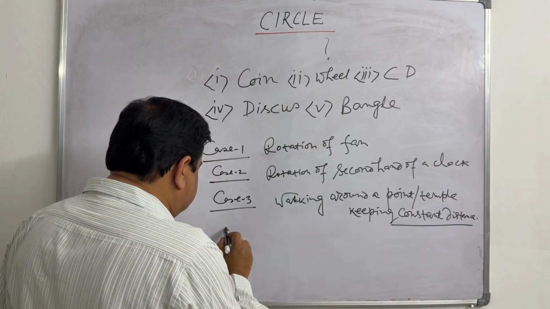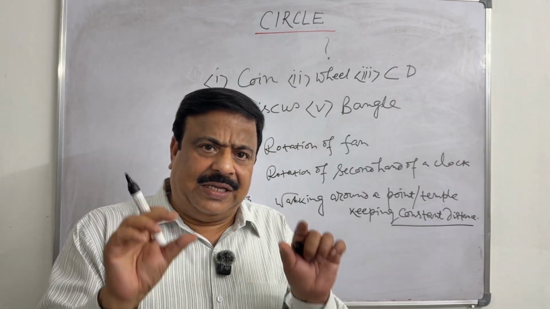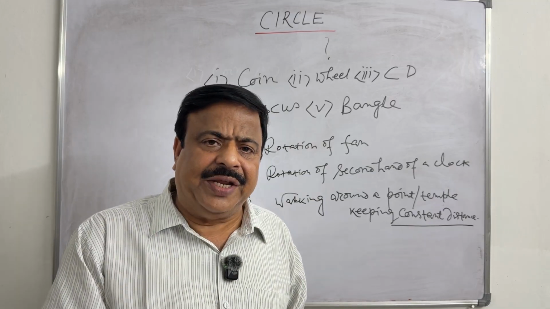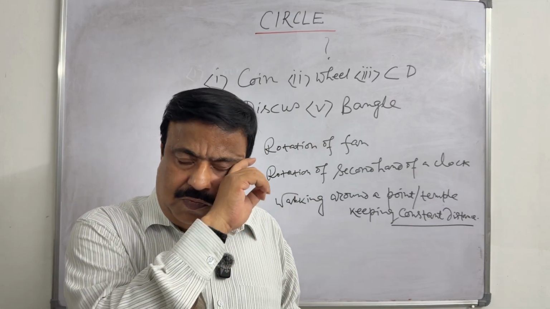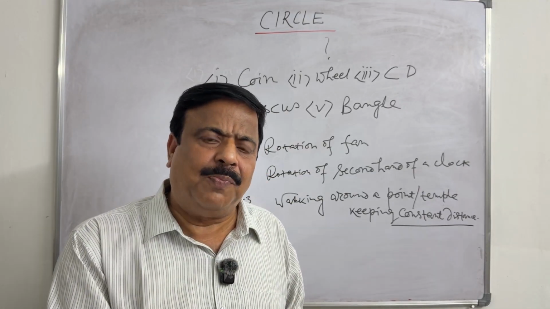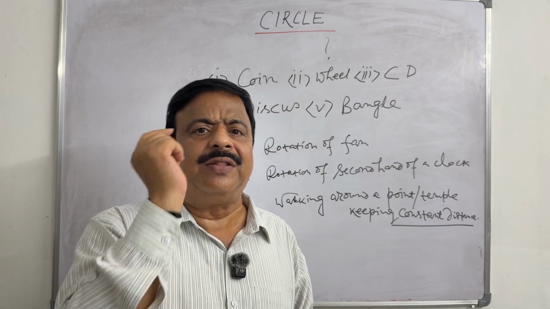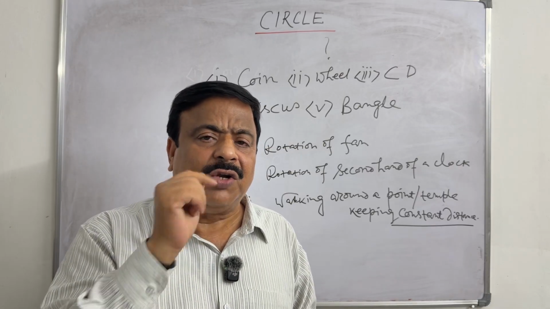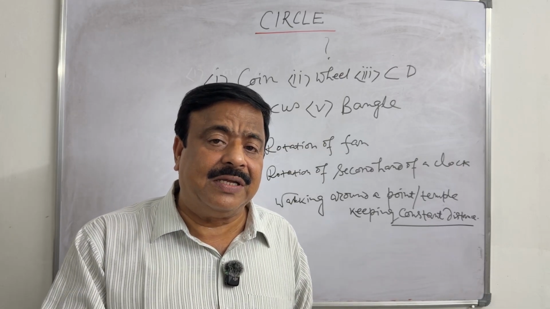Take another case. If you tie a stone piece to a string and hold the another end point of the string and rotate the string, then what will be the path traced by the stone piece?